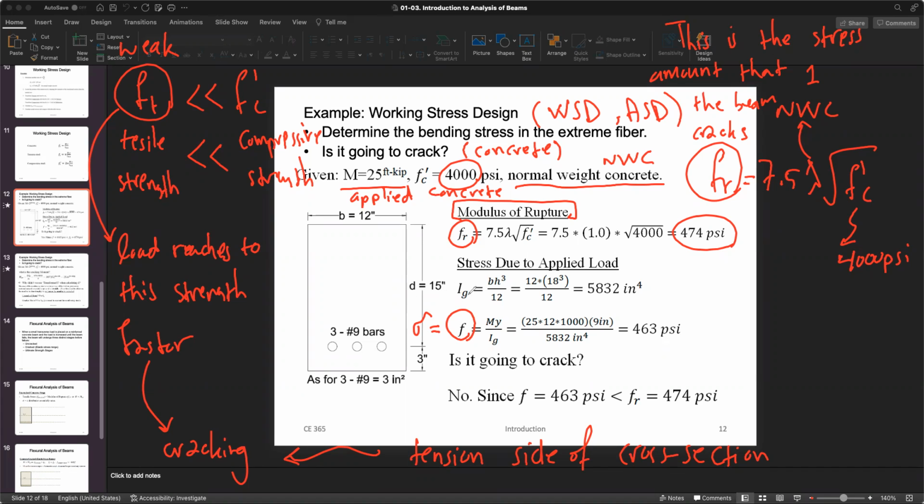We can simplify and say, all right, IG, the gross moment of inertia, gross moment of inertia. All right, only consider concrete, uncracked.